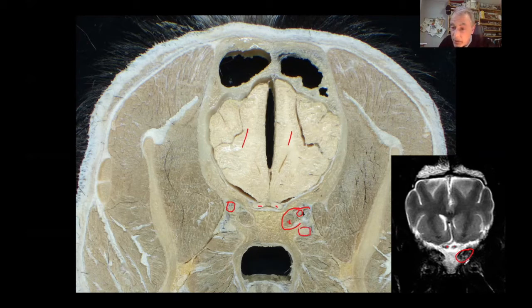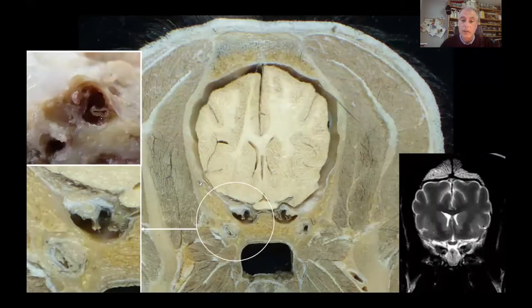So at this point here, we have the maxillary artery and the maxillary vein. Here, maxillary vein. Okay, and this is the presphenoid bone. The presphenoid bone.